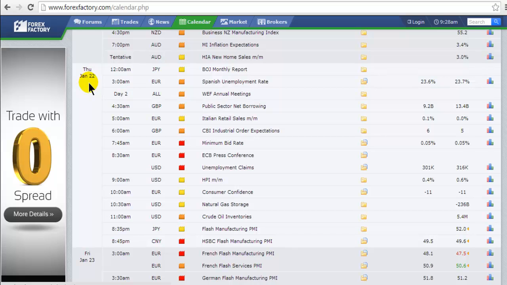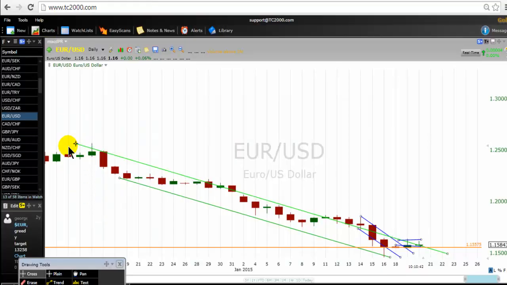It is in the oversold zone, talking about long-term investment purposes. I tried to go into the mind of traders that were selling the euro recently. They know that on Thursday that important news is due, and some of these bearish traders are conservative traders. They may decide to take some profit. So they are selling the euro, but they know that on Thursday, Mr. Draghi will come out and start speaking.